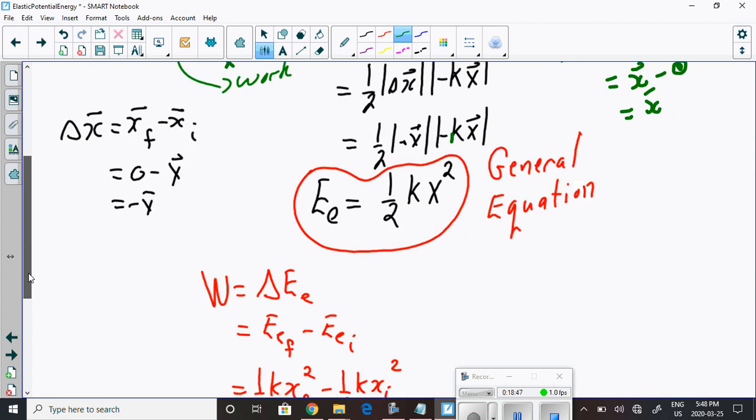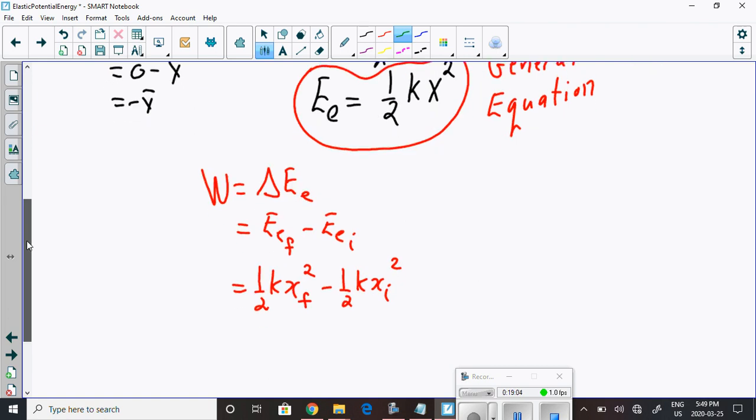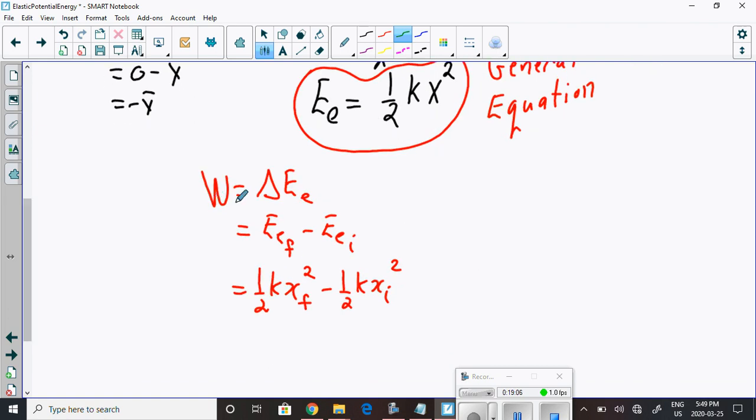So I've come up now with the equation for elastic potential energy. It is equal to half times the spring constant times the displacement squared. So make sure you add this to your equation sheet. This is your second equation already today. So we can then say that work done is equal to the change in elastic potential energy, which is elastic potential energy final minus elastic potential energy initial.